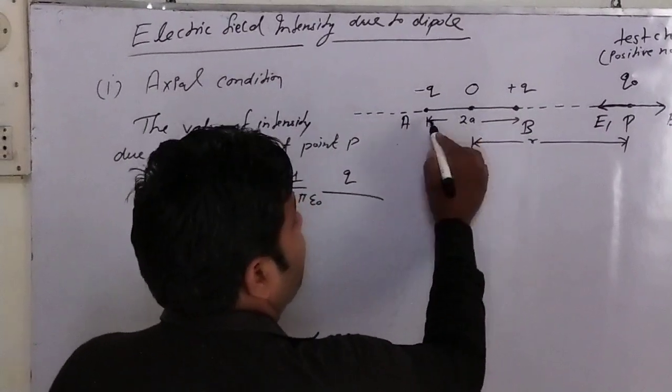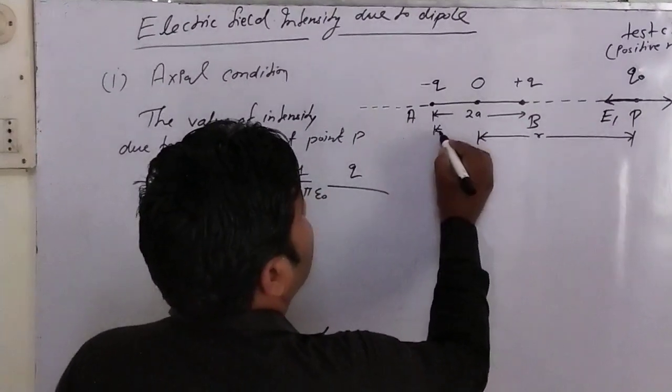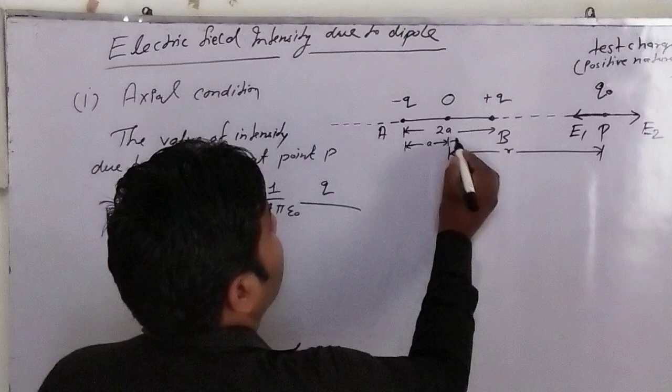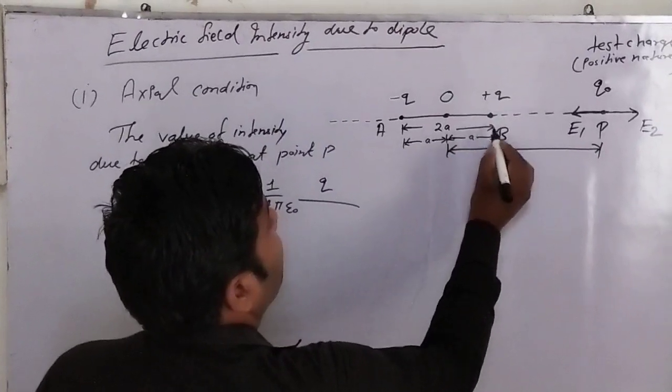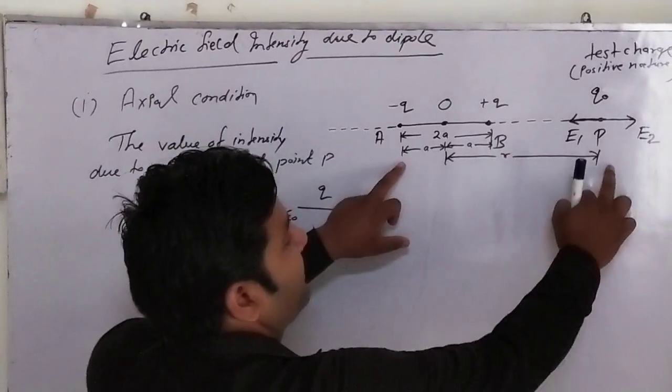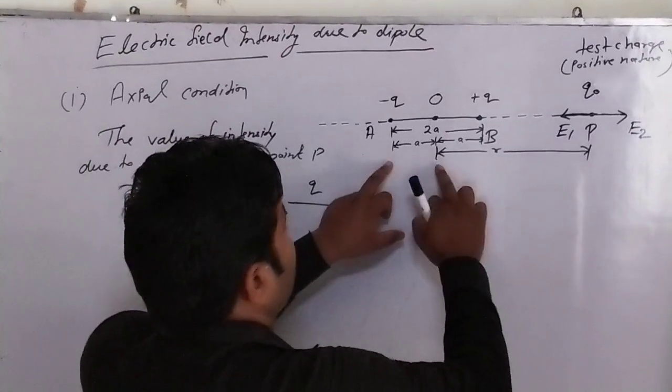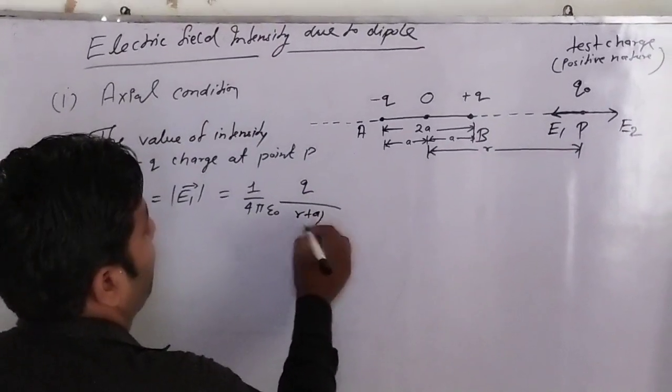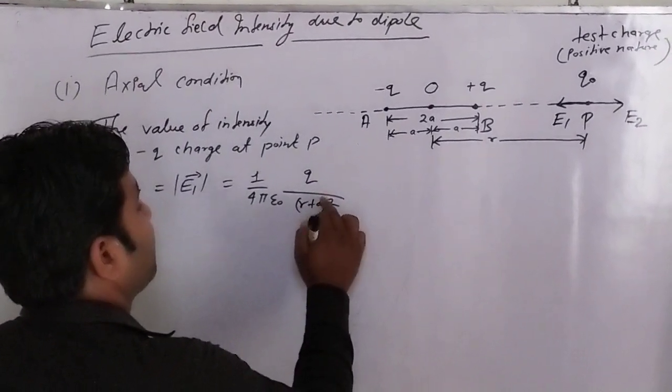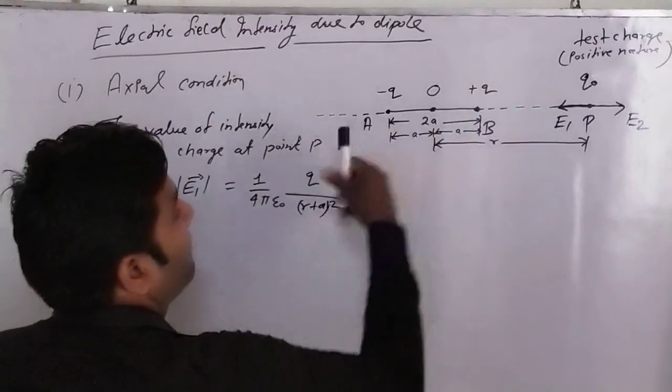This is the midpoint of AB, so this is a and this is also a. Then the distance of A from P is R plus a, so (R plus a) whole square, and the direction of this intensity is along PA.